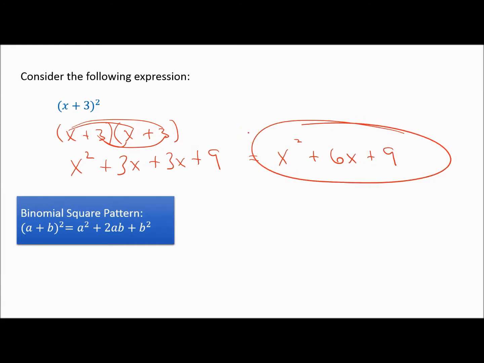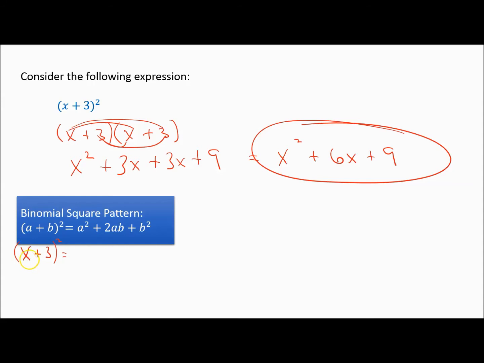But what this section wants you to realize is that any time you have a sum squared, it's going to follow this pattern right here of a squared plus 2ab plus b squared. So if you'll notice in our problem, our a is x and our b is 3, right? So if I use that formula, it says the first one squared.